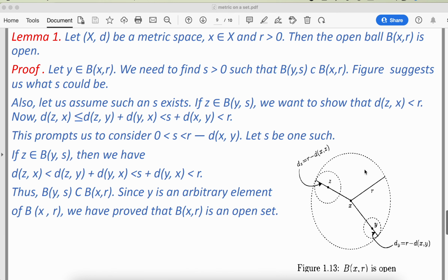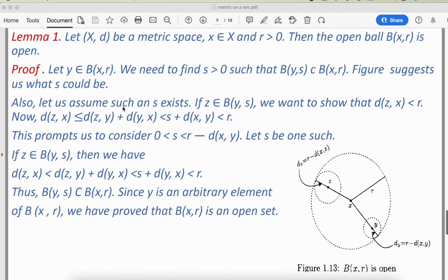This is the ball centered at x and radius r, and this is the ball centered at y with radius r minus d(x, y). This complete distance is r, this is d(x, y), the distance of x from y, and the remaining distance is r minus the distance of x from y.